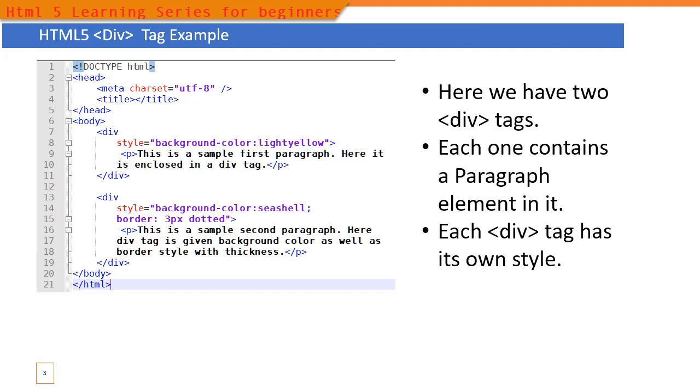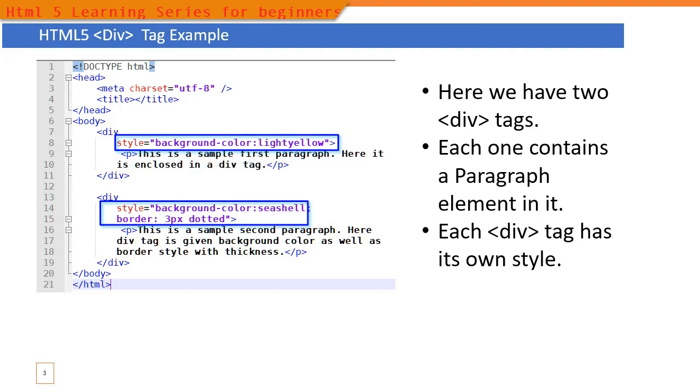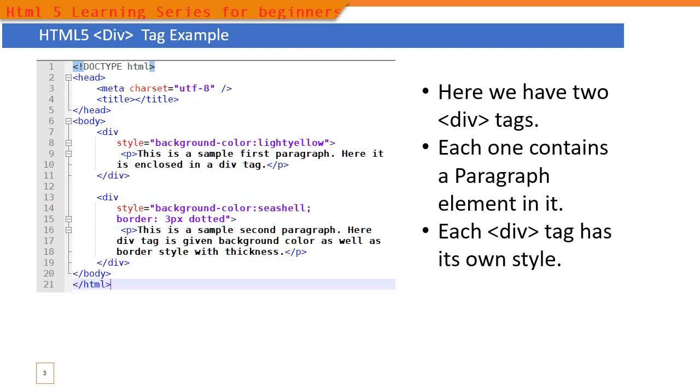And each div tag has its own style. For example, the first div tag is using a light yellow background, and the second div tag is using a seashell background, but at the same time it has a border of 3 pixels wide, and the border style is dotted.